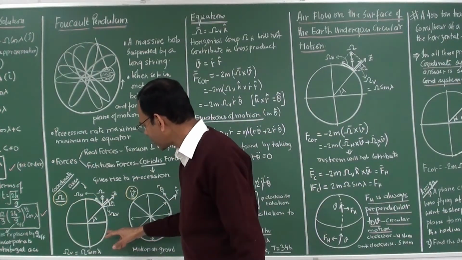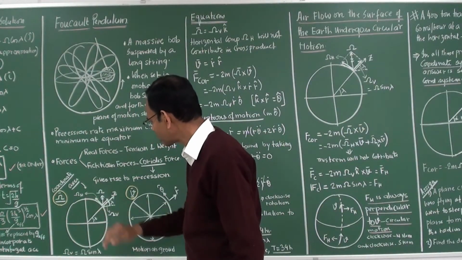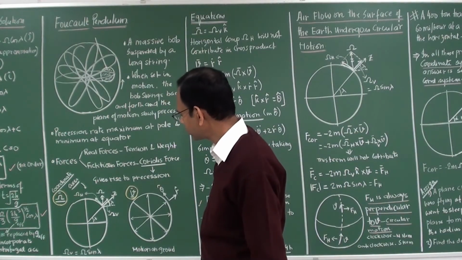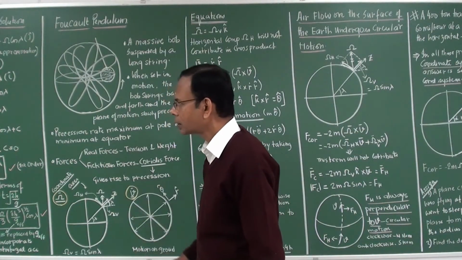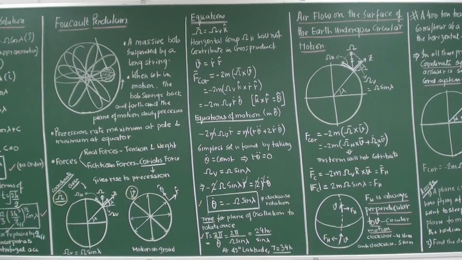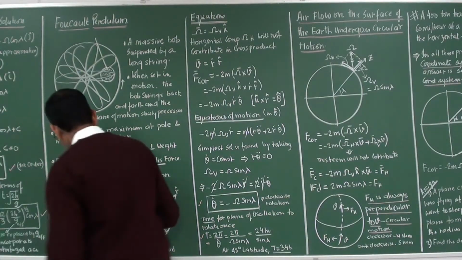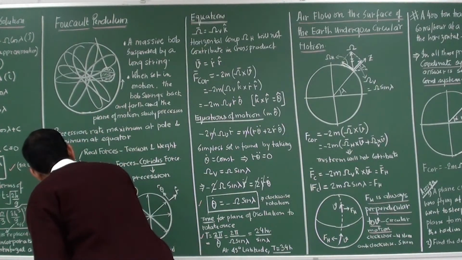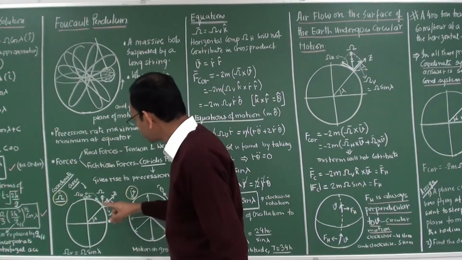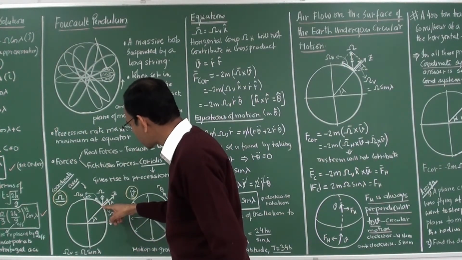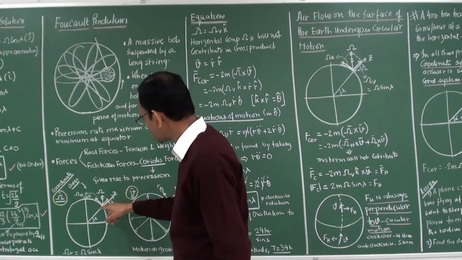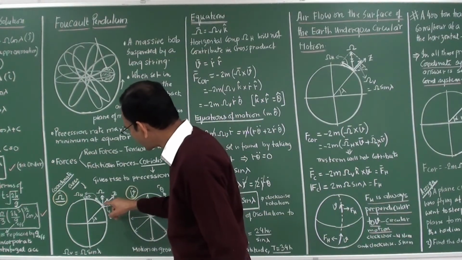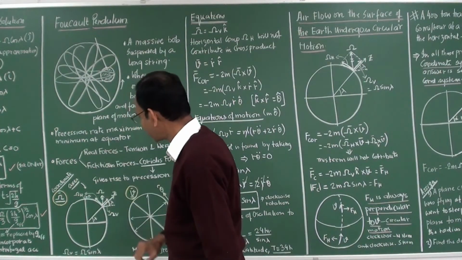So this is again the same diagram, Earth, which is actually rotating, with omega. Now Earth is rotating, and suppose the object is somewhere here. So this is my g-axis, z-axis, and this is vertically my omega.